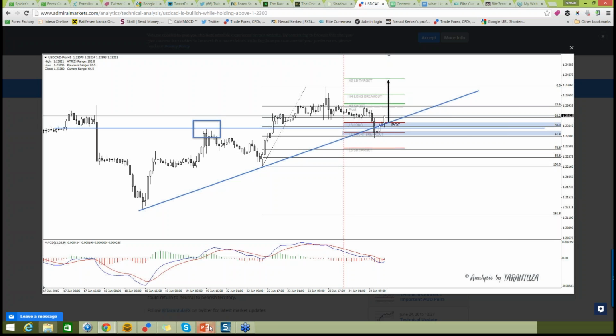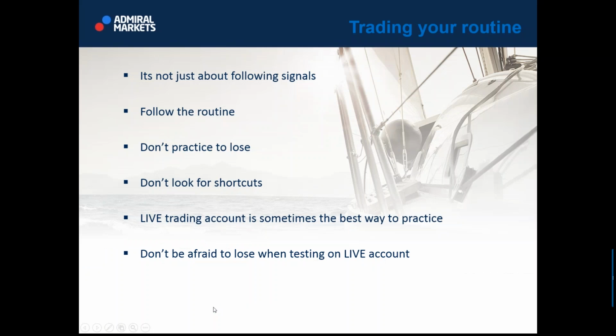But you need to do it on a live account. It's better than if you were doing it on a demo account. So do not be afraid to lose when you're testing the strategy on a live account. Either way, you will be paying for something, right? You will be buying PDFs. I don't know.